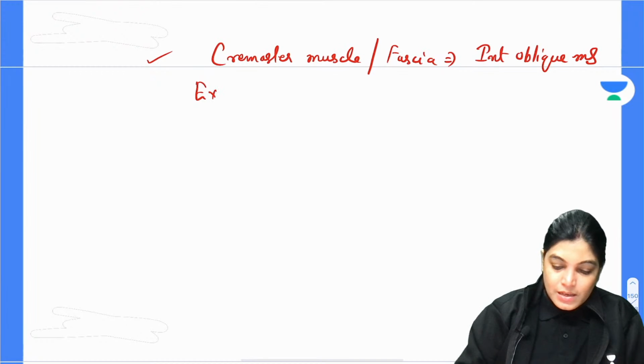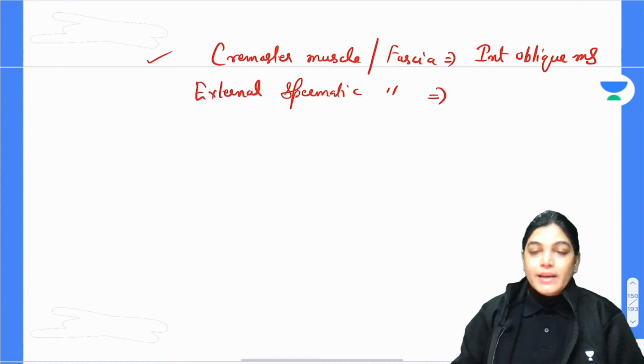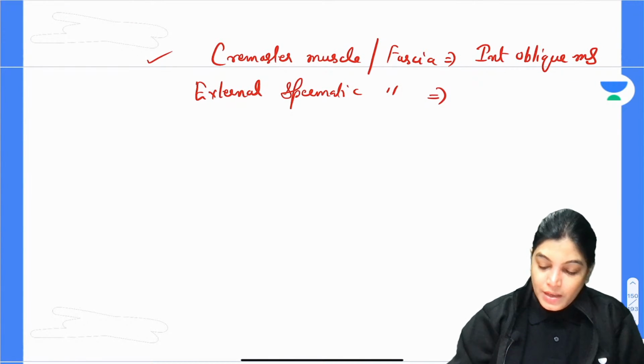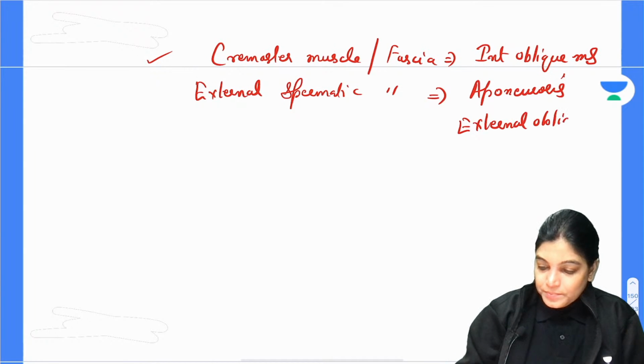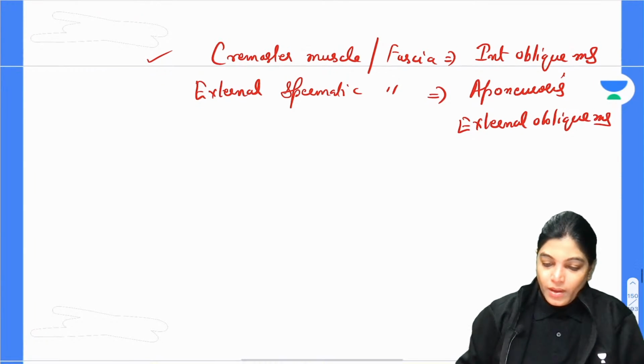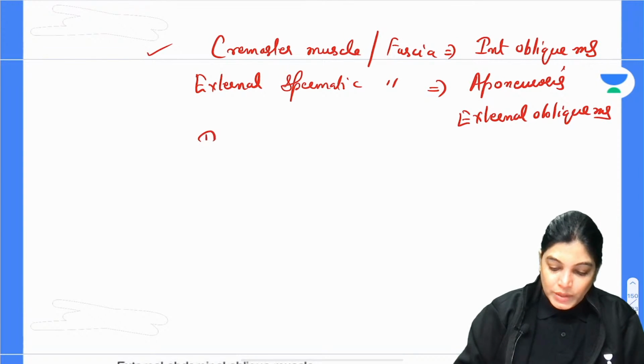Now, external spermatic fascia is derived from which layer or aponeurosis of the abdomen? Anyone? Aponeurosis of the external oblique muscle. It is derived from the aponeurosis of the external oblique muscle. Now, tunica vaginalis, it was also given as one of the options.